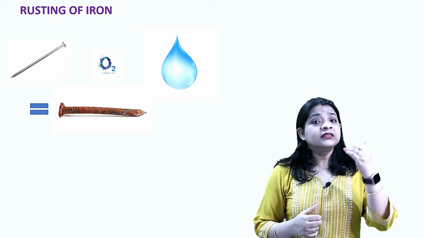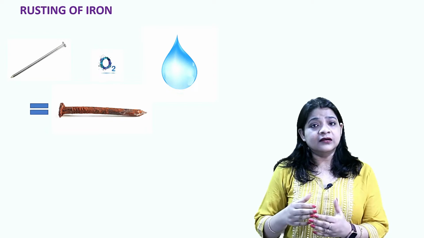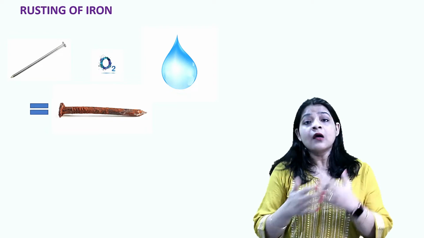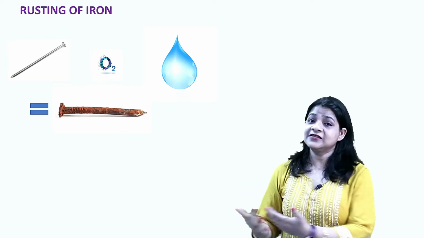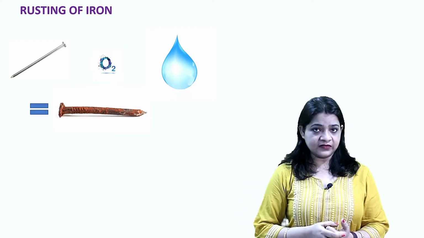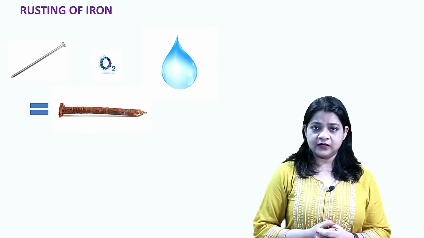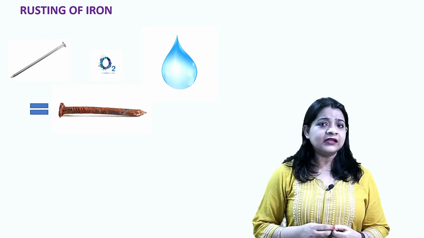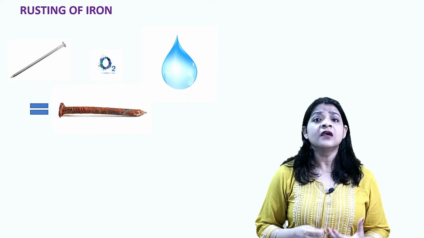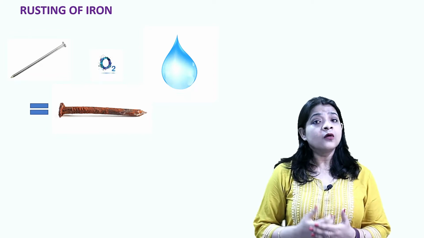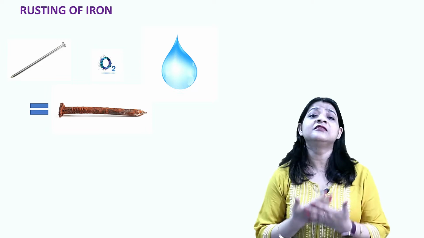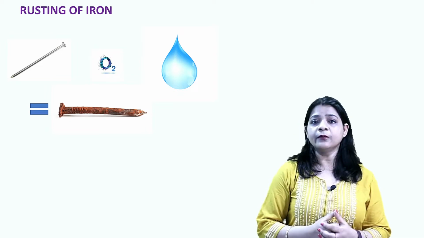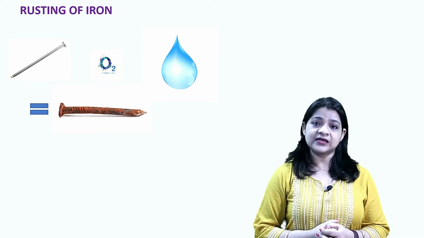Now, this iron reacts with water and oxygen to give rise to a new substance, that is iron oxide. So we can say that it is a chemical change because a new substance is formed which is different from the original substance as well as different in chemical composition from the original substance.